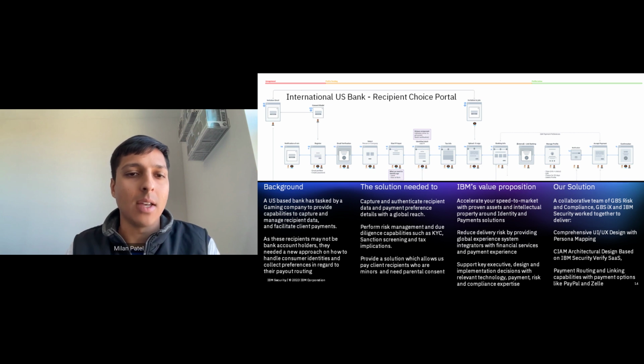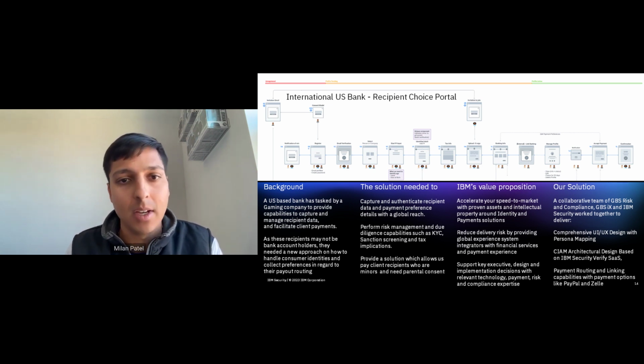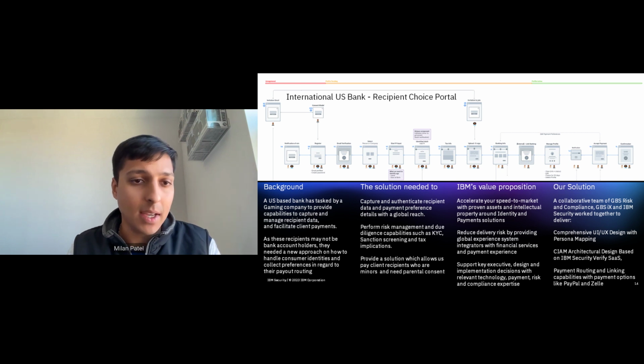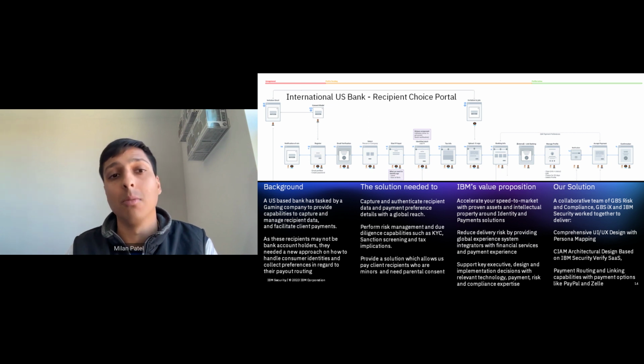The gamer, as they win an award, gets an email, must create a profile with the bank, and then as part of creating that profile, the gamer needs to enter specific information associated with where they want to deposit their money. It could be their own bank.